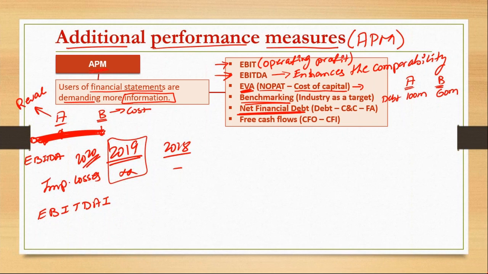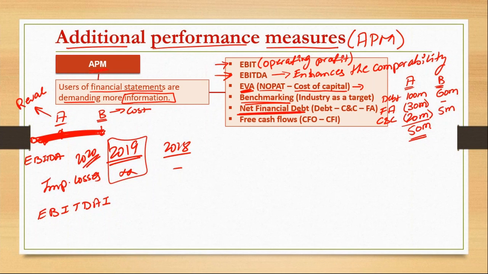But let's suppose A has some financial assets of 30 million which B does not have, and A has cash and cash equivalents of, let's say, 20 million, which is 5 million for B. So if A has a liability of 100, it also has some assets of 50, which it can use to repay its debt.